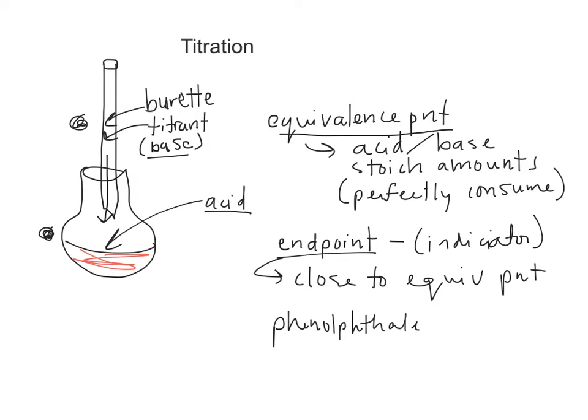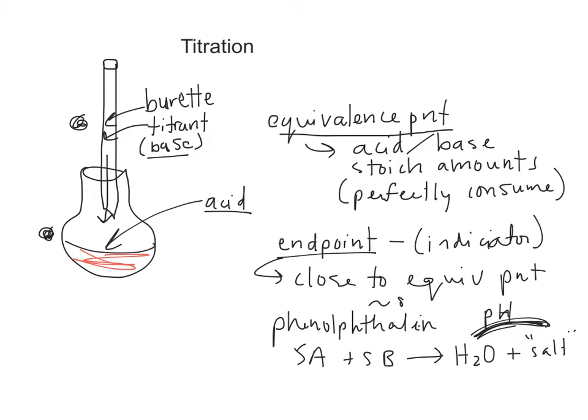That would be a good indicator to use when you have a strong acid and a strong base, because when you have a strong acid like hydrochloric acid and a strong base like sodium hydroxide, you end up with water and NaCl, some sort of salt, and the pH is neutral. Phenolphthalein has an endpoint close to the equivalence point of this system, so it would change color at about 8.2-ish.